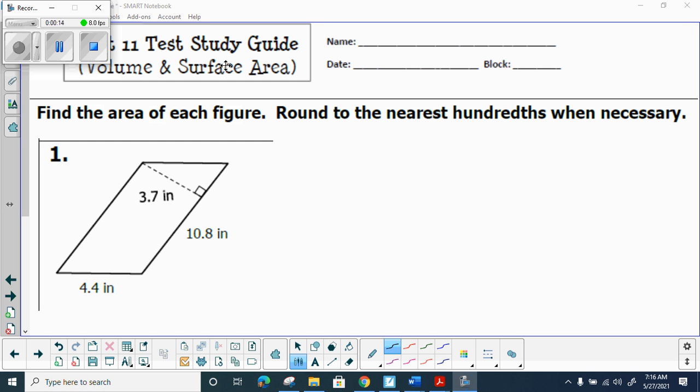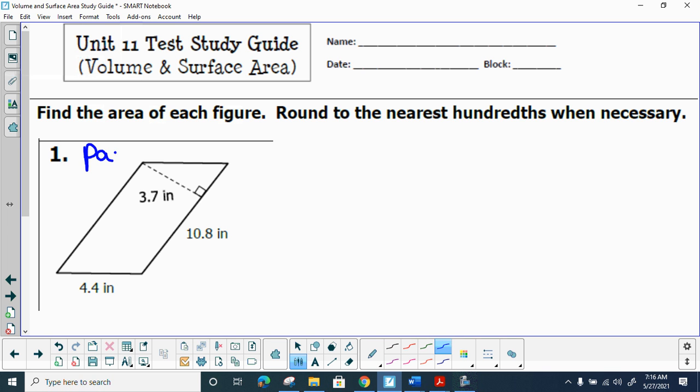We're starting with area of a figure in nearest hundredths when we need to round. The first shape that we have is a parallelogram, and with a parallelogram, we need to use the formula base times height, and the base and height must be perpendicular to one another.